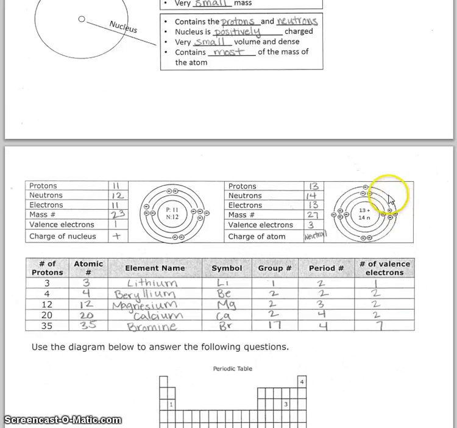So remember that your number of protons will equal your number of electrons. So electrons are also 13. Add the number of protons and neutrons together in the nucleus to get my mass number of 27. There are 1, 2, 3 electrons in the outer shell, so that's my valence number. And the overall charge of the atom is neutral because I have my plus 13, minus 13 for my protons and my electrons, and those charges cancel each other out.